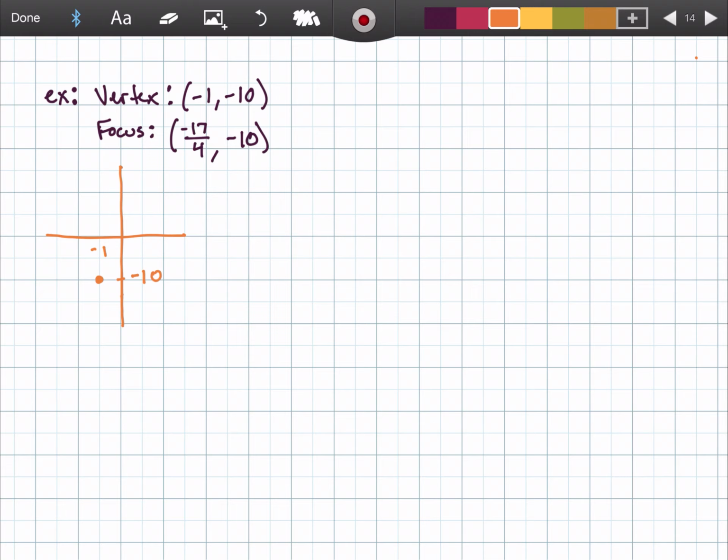Well, the focus, -17/4. Honestly, I would just type that in your calculator: -17 divided by 4. And I'm positive it's -4.25. So that's going to be up here somewhere.